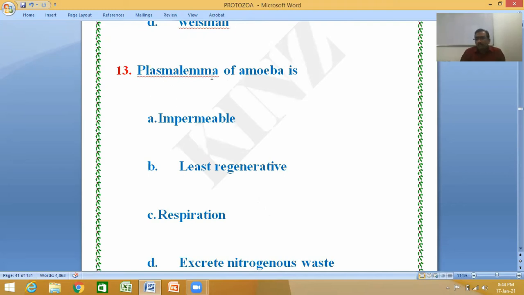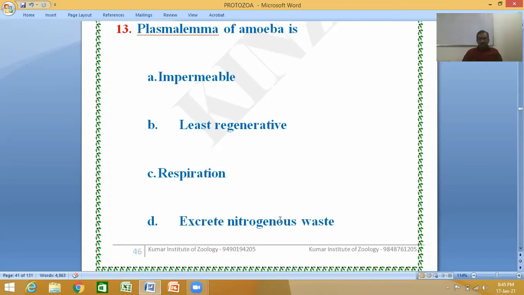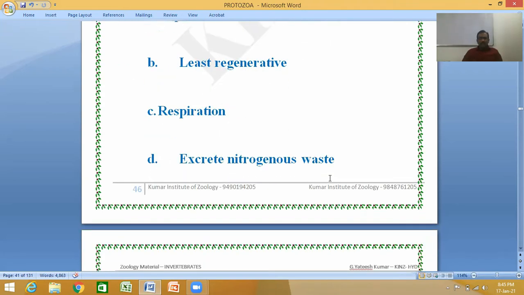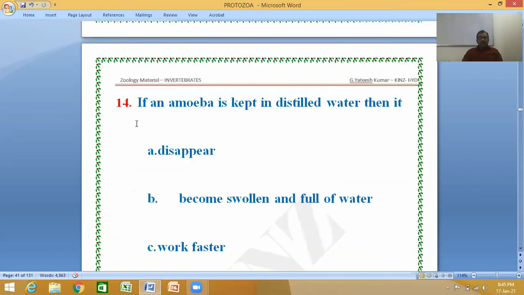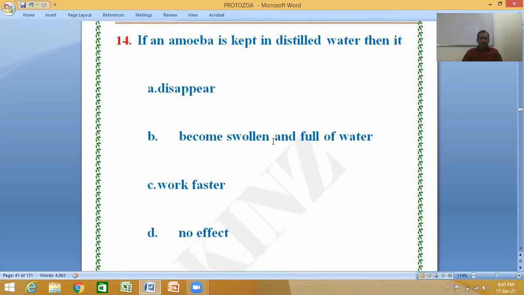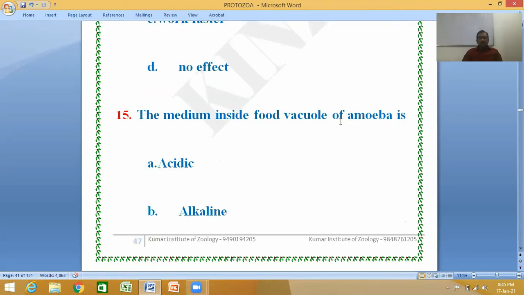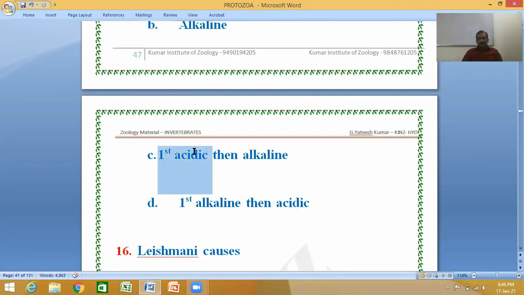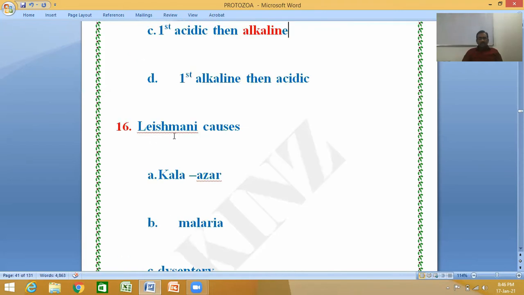Plasmalemma, the cell membrane of protozoans, is also known as plasmalemma. The plasmalemma of amoeba is, the answer is C and D, so the best answer is C and D. If an amoeba is kept in distilled water, it becomes swollen and full of water. The medium inside the food vacuole of amoeba is first acidic and then converts into alkaline.